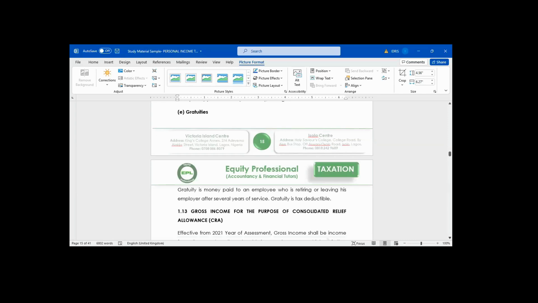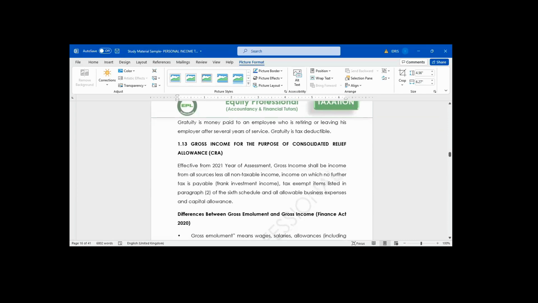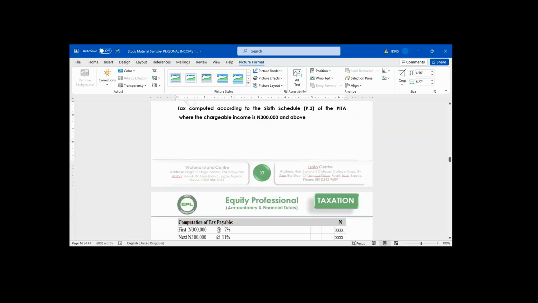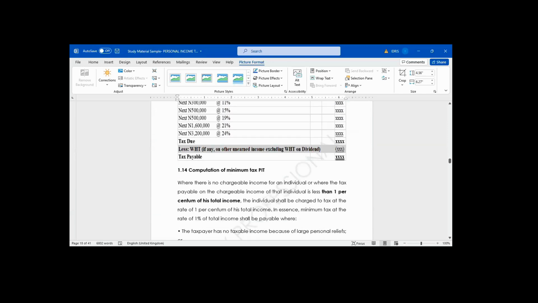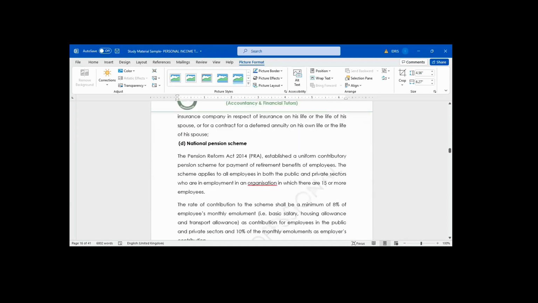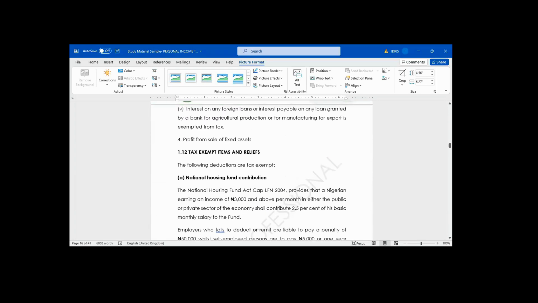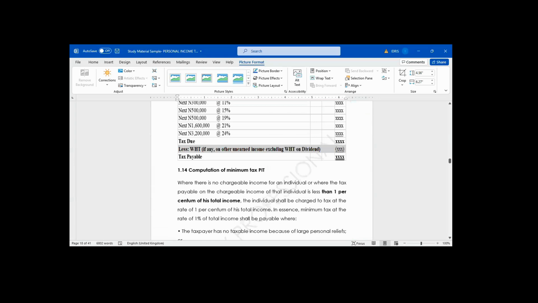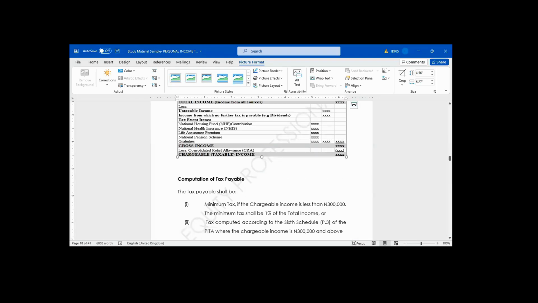The consolidated relief allowance, if you want to calculate it, is higher of 200,000 naira or 1% of gross income.